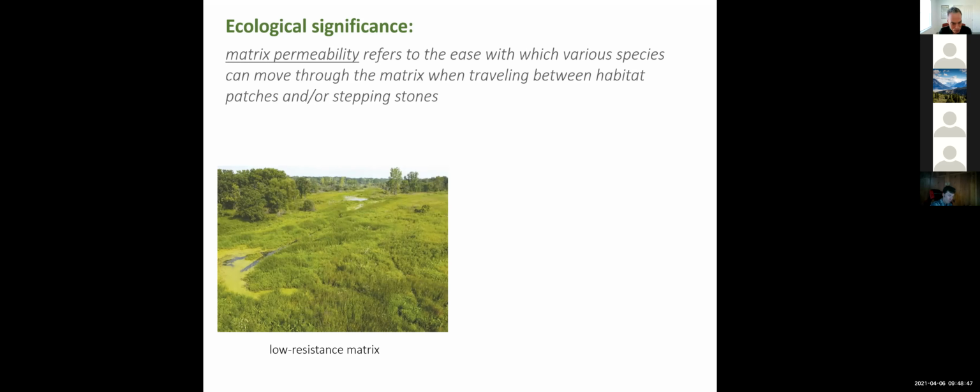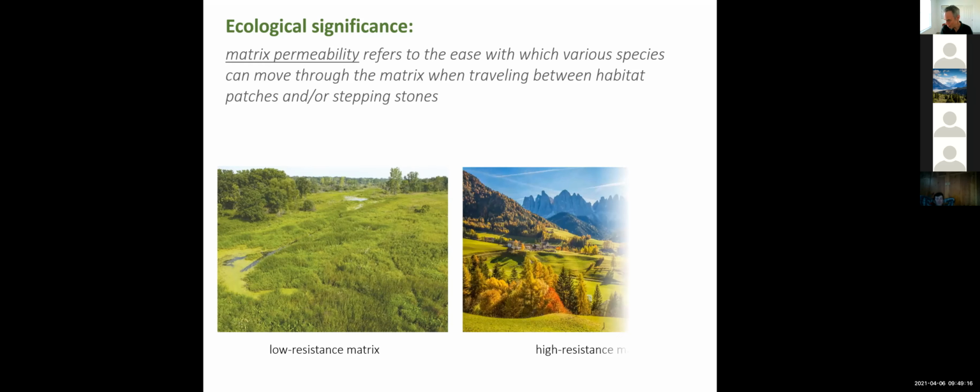So in this case, we have a pretty naturalized condition of some wetland species growing in a low wet area that's surrounded by forest. And this is going to be a little bit easier for a lot of species to traverse because even though it's more open than the covered forested area, it's a low level of contrast between the habitat and the matrix. And so that's what we consider to be a low resistance matrix.